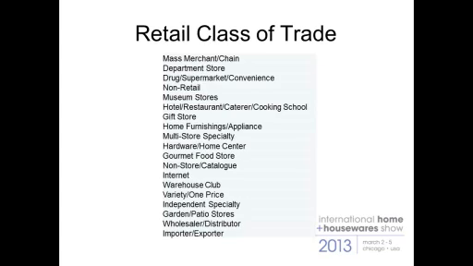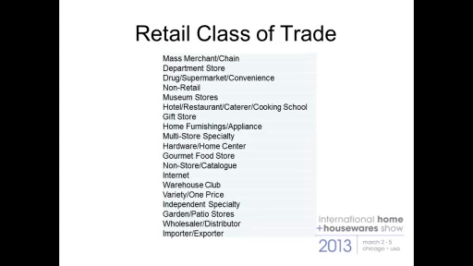In the retail class of trade area, you'll find these category names listed. In many of these lists, they are self-described when the buyers register. If for some reason buyers list multiple different chains, we rationalize that at registration time.